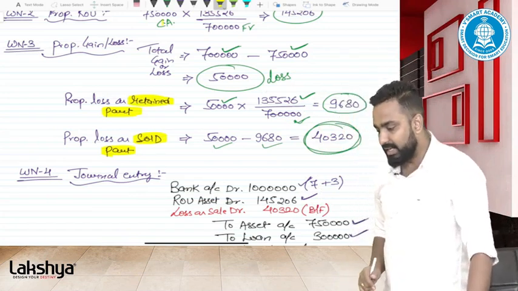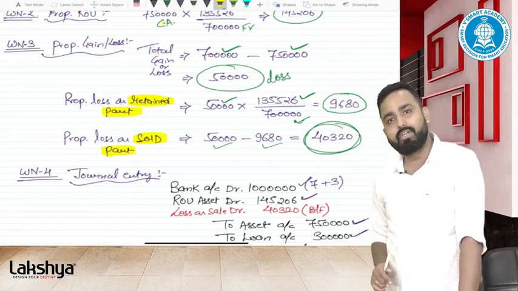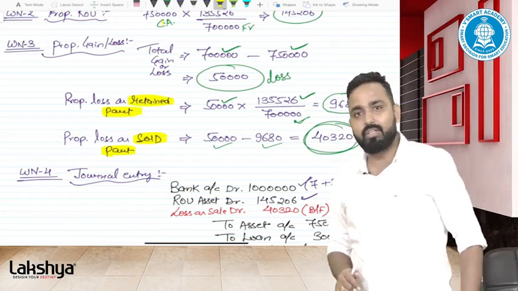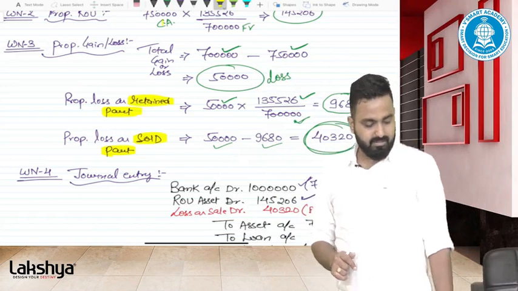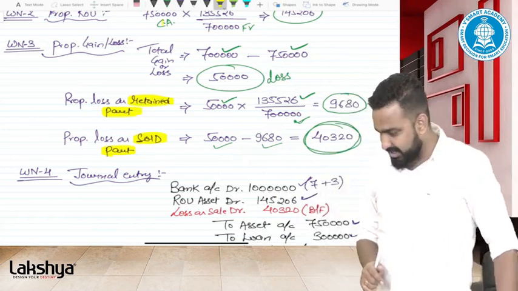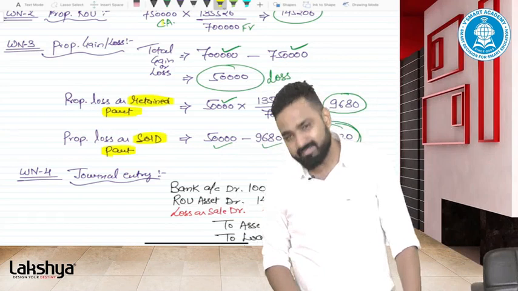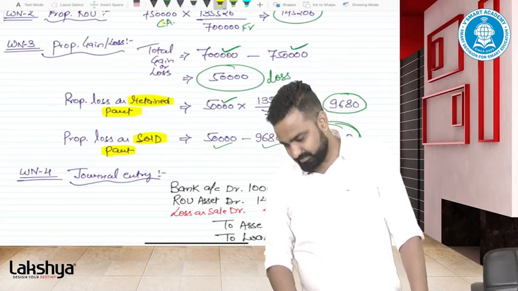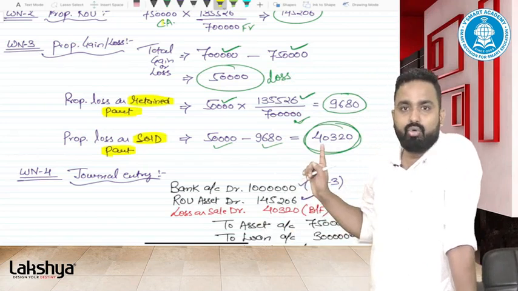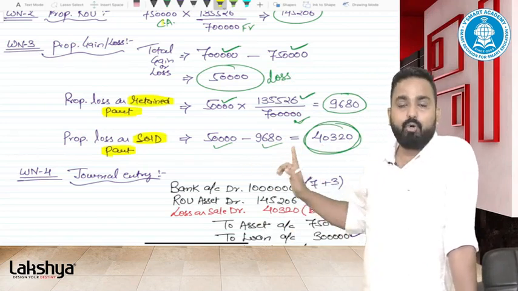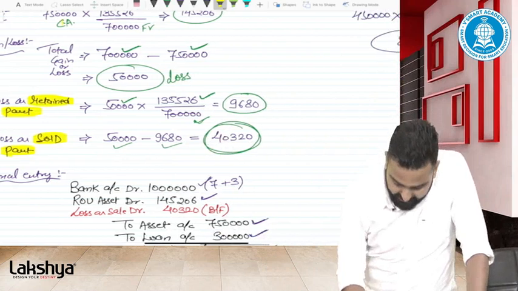Now tell me, working note number 3 is clear or not? Hi Govind, how are you, beta? I think you were not there yesterday. Am I right? Hello Govind. 40320 is the proportionate loss on sold part we have to recognize.